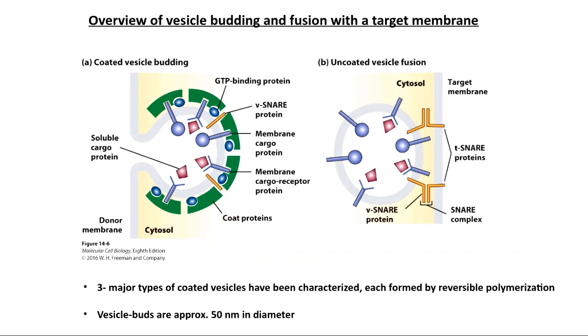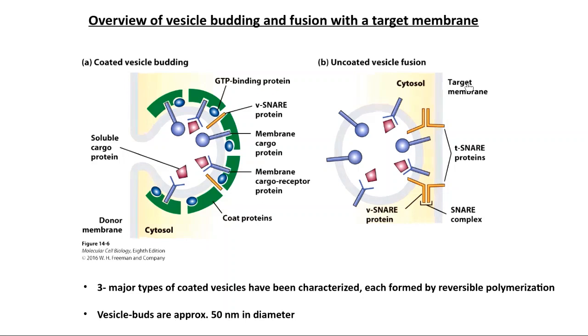Let's go to the general structure of the vesicles and the coats. This whole structure is a coated vesicle that is budding off from this donor membrane. Let's say this is a donor membrane, and this one is the target membrane.